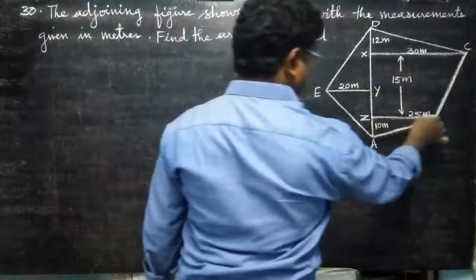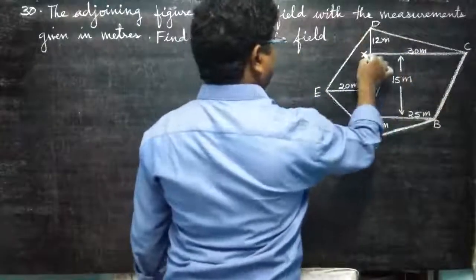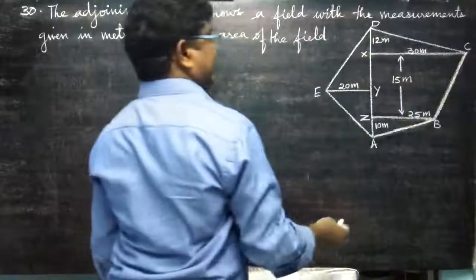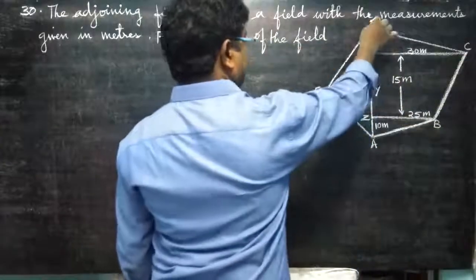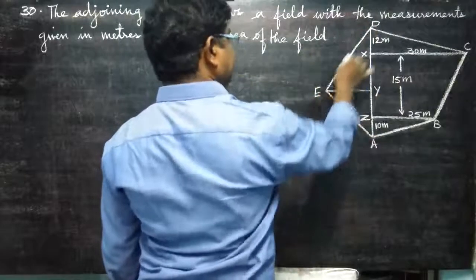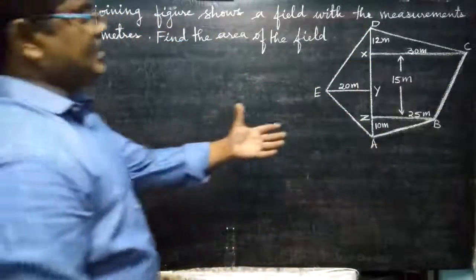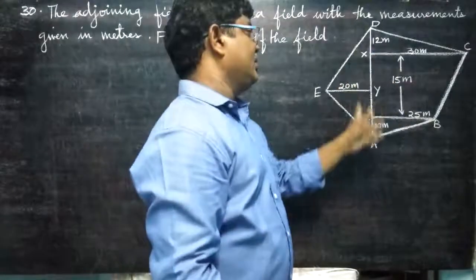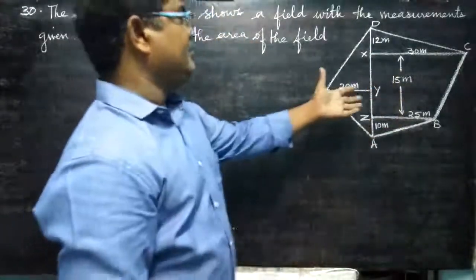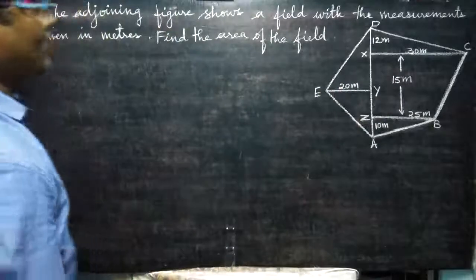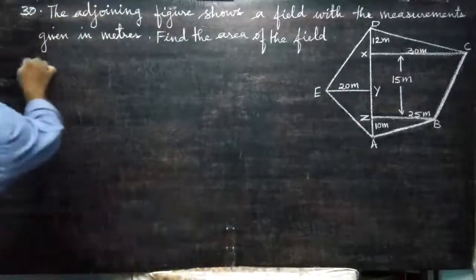ZBCX is a trapezium. DXC is a triangle. DAE is another triangle. So when we add these areas separately and do the total area, we will get the area of this field. We will do one by one separately.